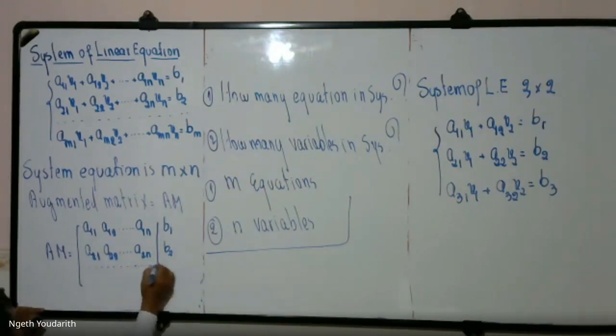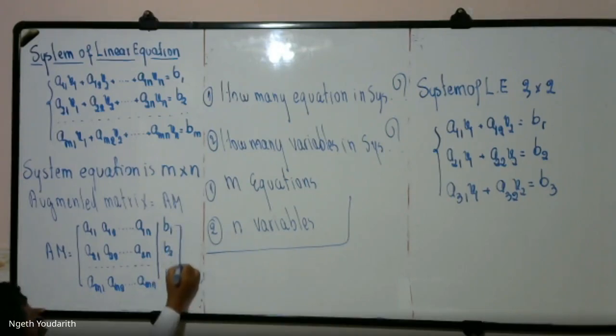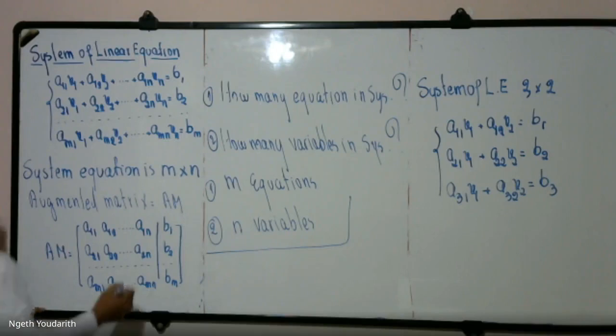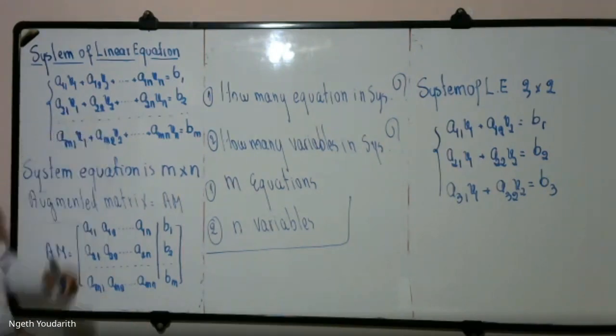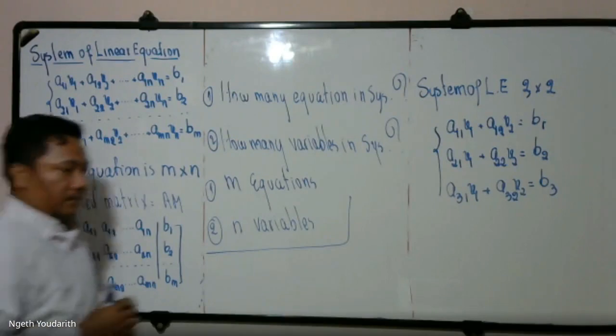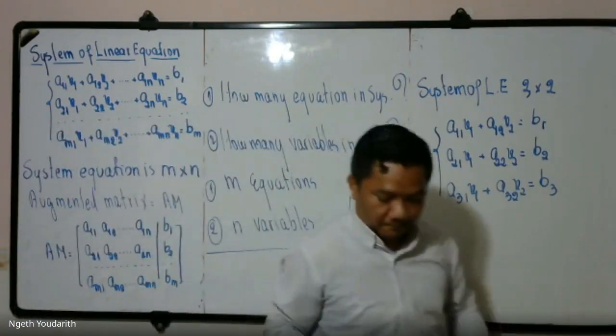In this case, we have many constants in here, and the last am1, am2 until amn and bm. This is our augmented matrix of the system of linear equations. You got this or not?